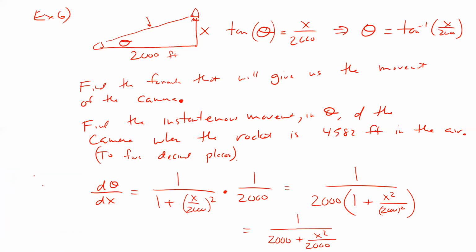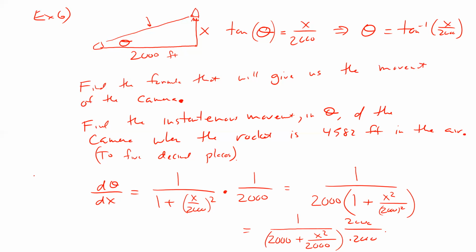I like this. Now the question is, can we simplify it some more? Because we don't really like complex fractions. We're not considering that simplified if we have complex fractions. So let's do this here. I'm going to multiply both sides by 2,000 on the bottom and 2,000 on top.